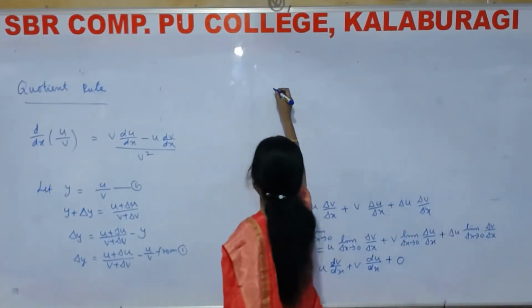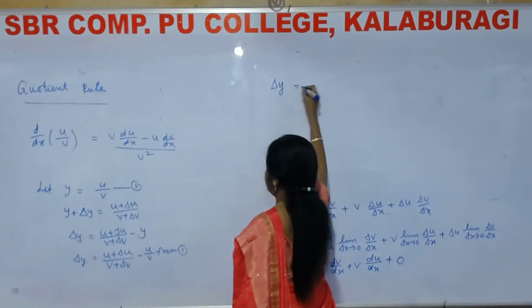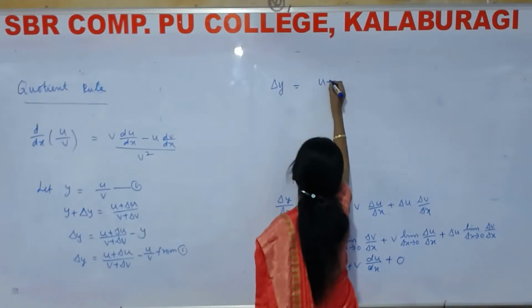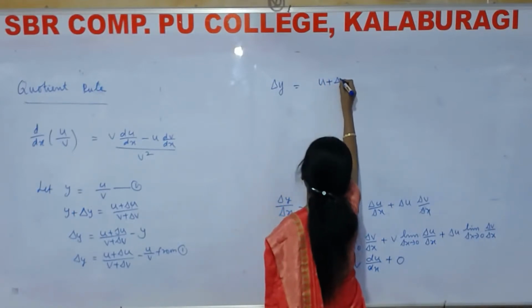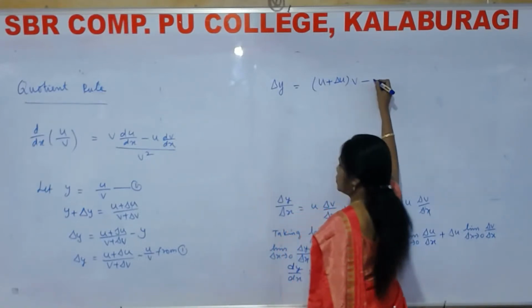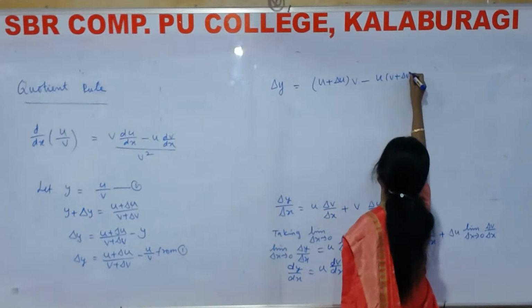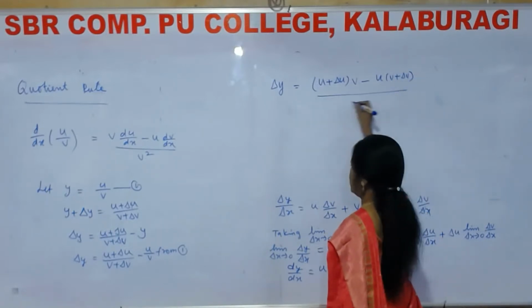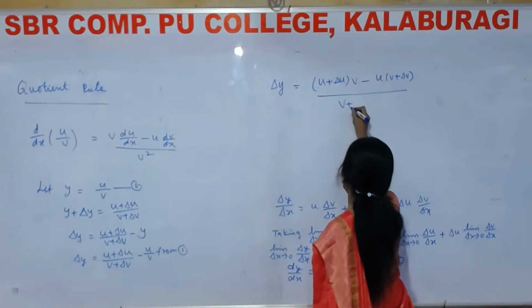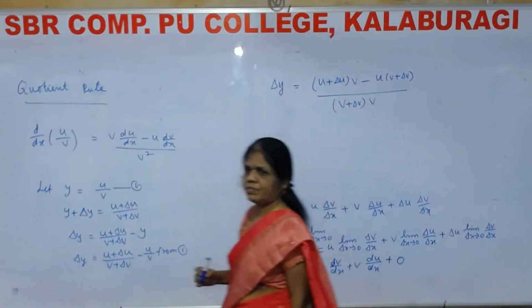What is the next step? Take LCM. u plus delta u into v minus u into v plus delta v, divided by v into v plus delta v. Okay?